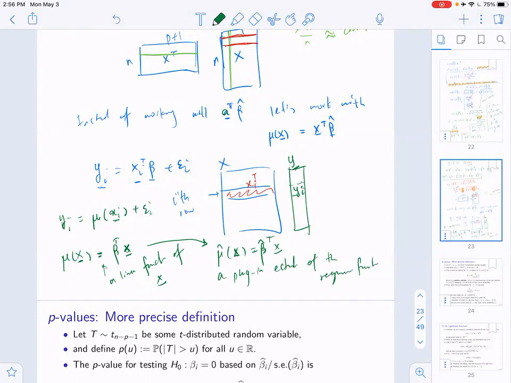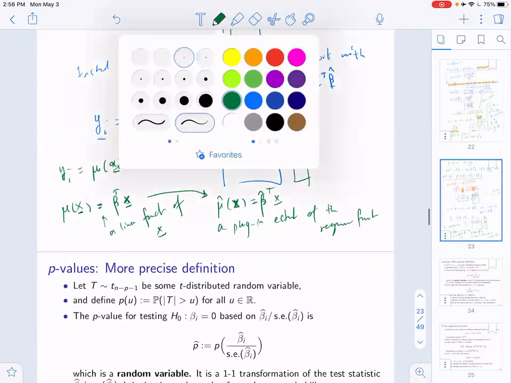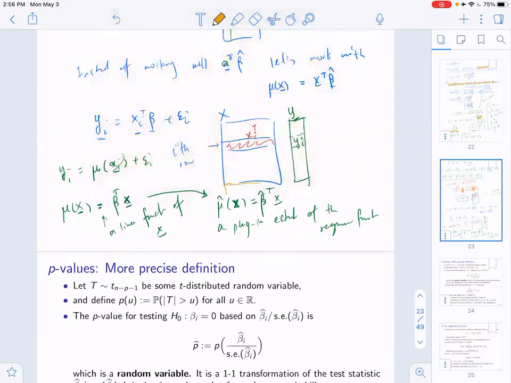And so I can evaluate what would be the expected value at new x's. So I could have a new x coming in here that I haven't observed. So that's my guess for the mean of y. And so I can try to build a confidence interval for this, which would include the mean of y, mu of x.